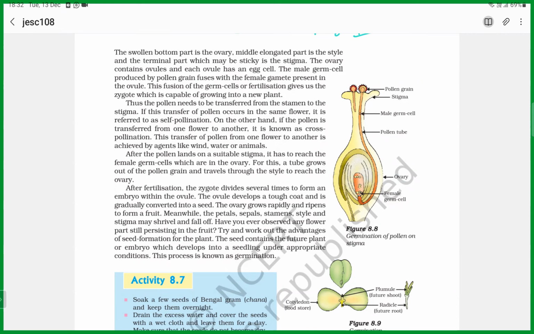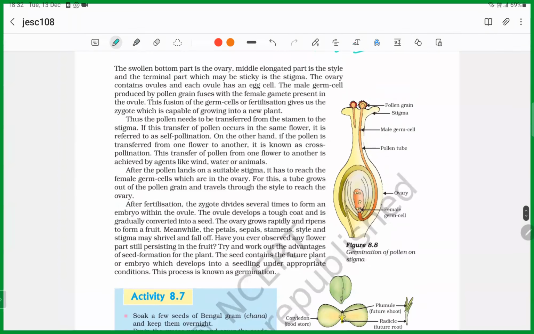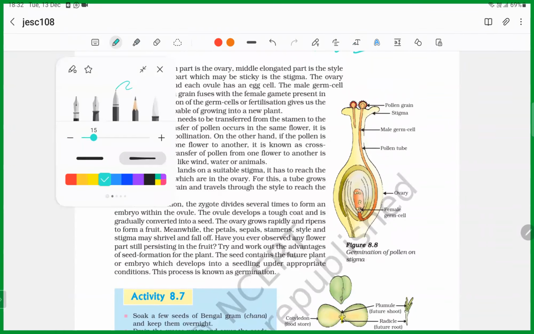For self-fertilization and cross-fertilization to occur, what condition is required? A supporting factor, like pollinating agents. Do you remember these terms? Non-synchronization. What is called non-synchronization?